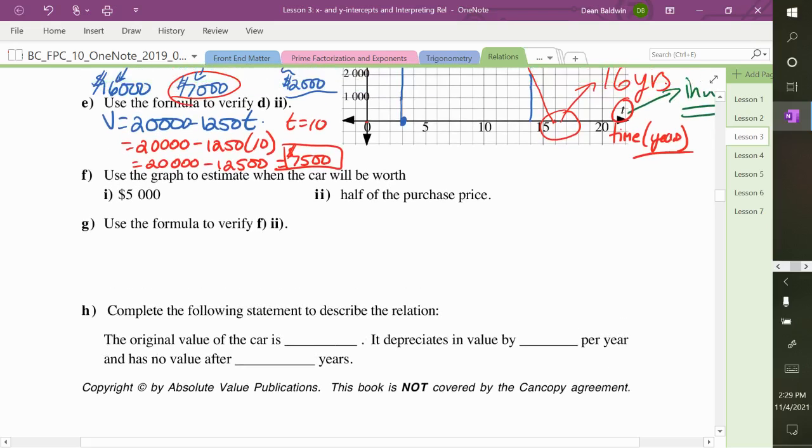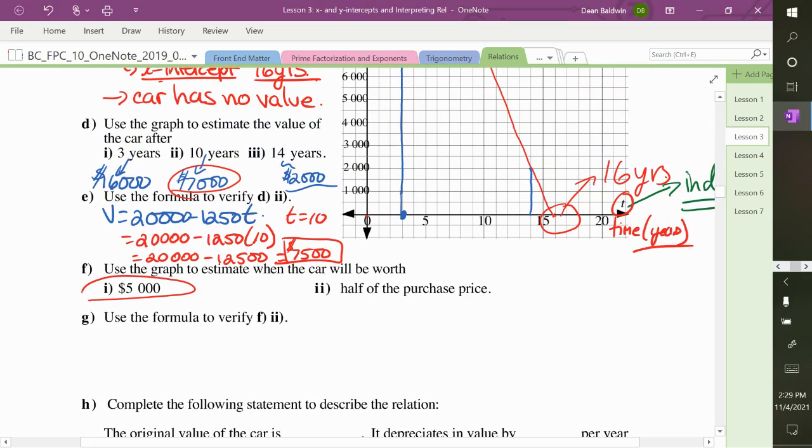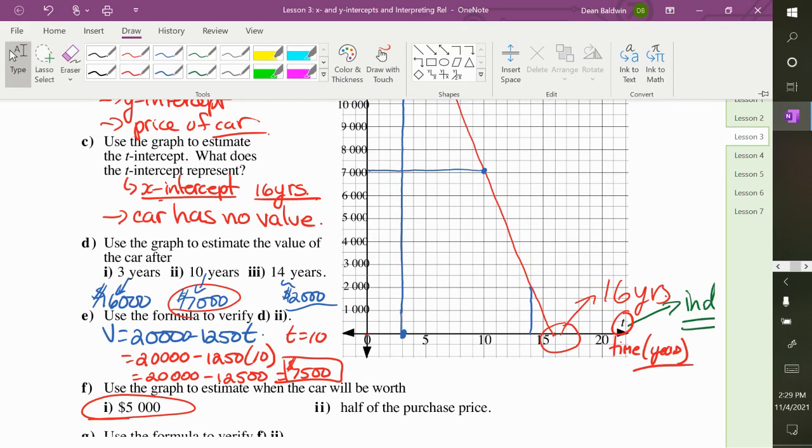Okay, let's go down to this one. $5,000. When will the car be worth $5,000? So this is the reverse of the one up there. I'm saying how much is it worth after 3 years? Now I'm saying it's worth $5,000. When will that happen?